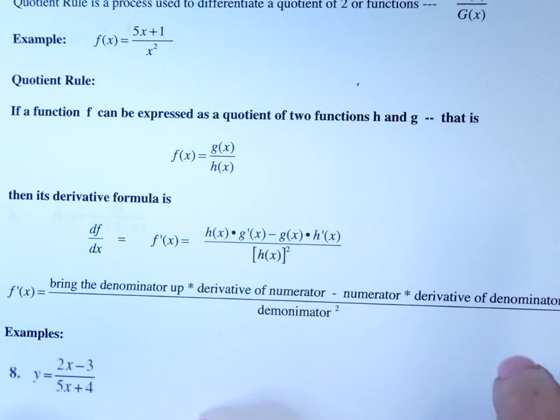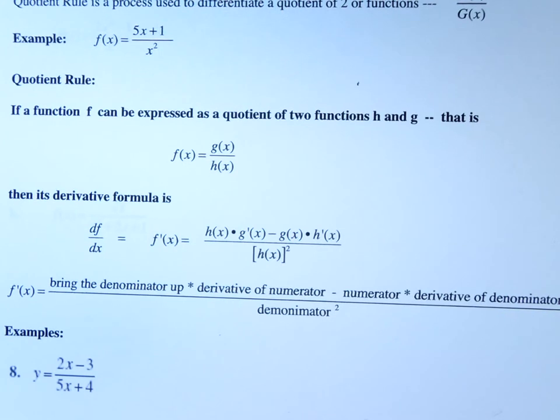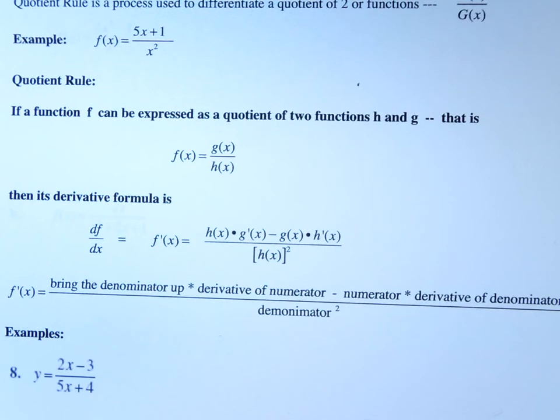Bring the denominator up. Derivative of the numerator, minus the numerator times the derivative of the denominator, all over the denominator squared. For me, the way I finally learned it is I was teaching a calculus class at ASU at the time, standing before the class, trying to figure it out. It's like a poem you're supposed to remember: if somebody gives you the first couple words, everything else falls out.